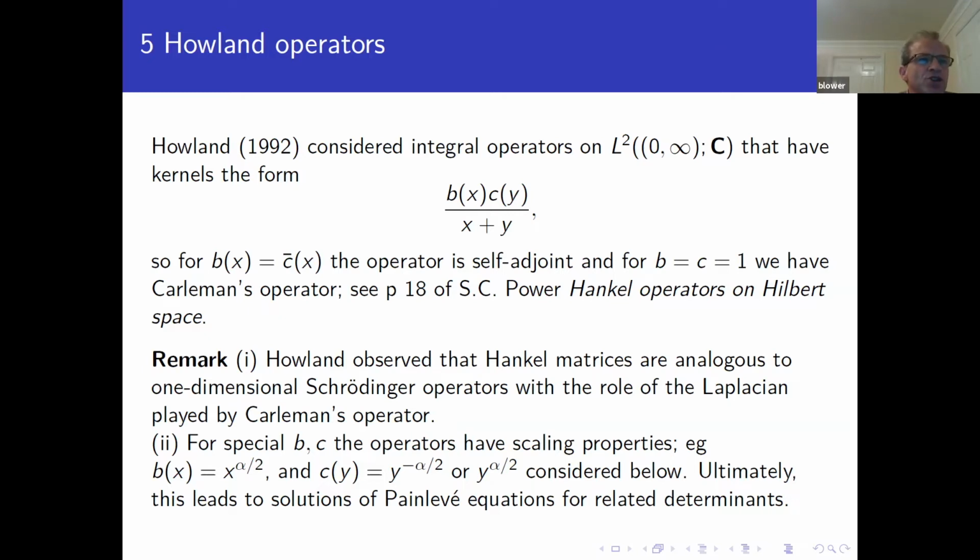If we choose b and c to be functions with scaling properties, and I'm just thinking of powers like b of x is x to the alpha over 2, then this operator has some sort of scaling when you multiply x and y by t.